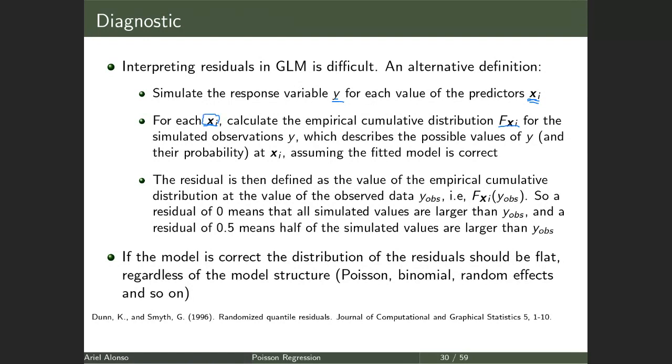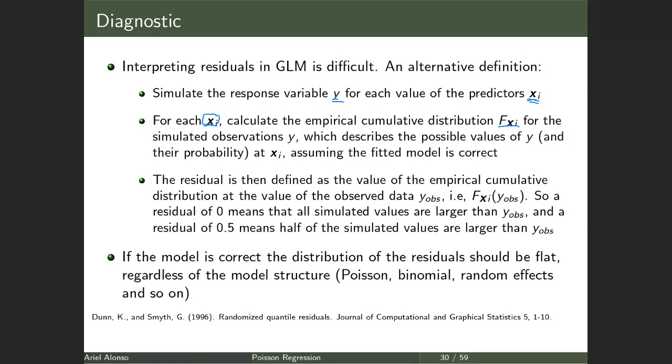If you don't remember what the cumulative distribution is, Google it. The empirical cumulative distribution is an estimator of the cumulative distribution. It's essentially the probability that you will observe an outcome of your variable smaller than a certain value.